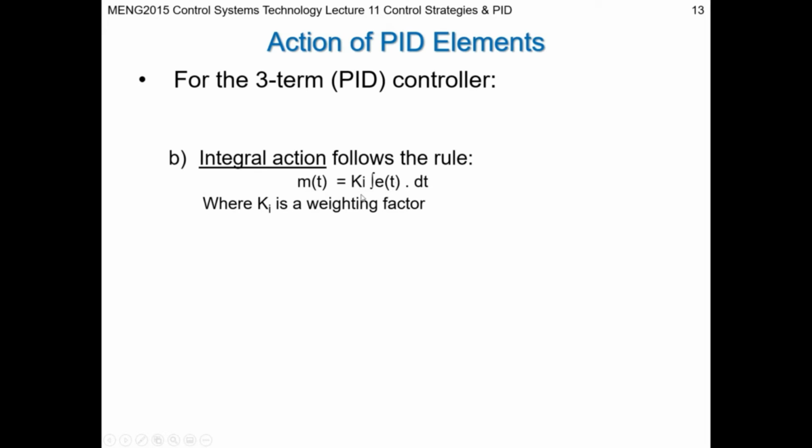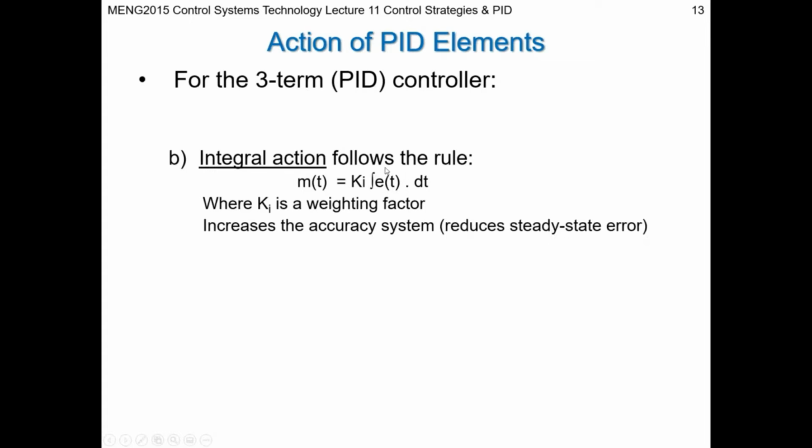So it basically tries to drive error out of the system, especially error that will be continuous error or a steady state error. Right? So it increases the accuracy of the system by reducing that steady state error.